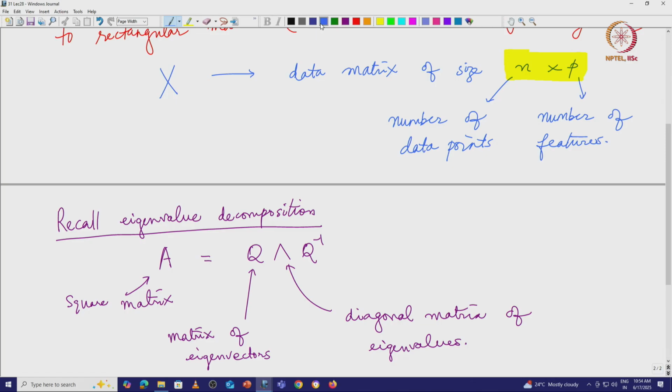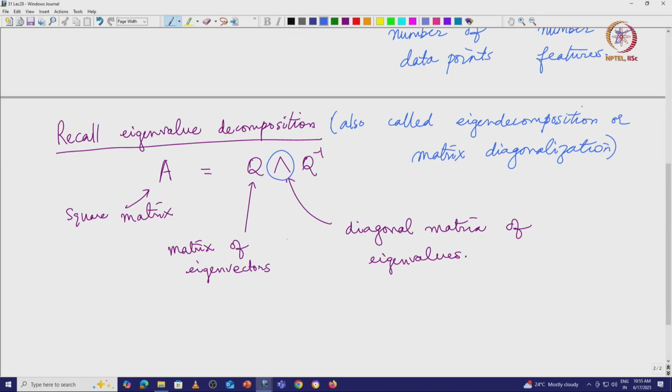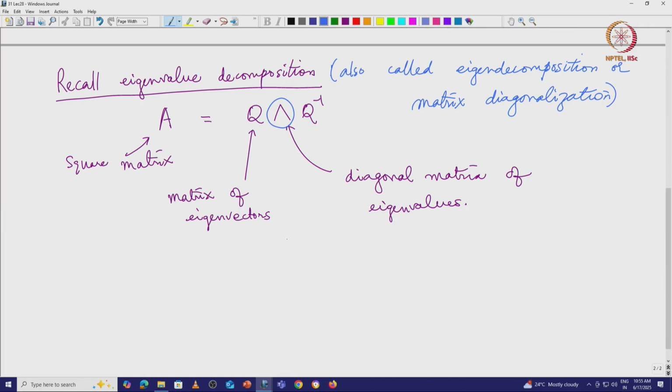Now it is good to know that this is also called eigen decomposition or matrix diagonalization, because this lambda, which is the matrix of eigenvalues, is essentially a diagonal matrix. So, this is something you already know.